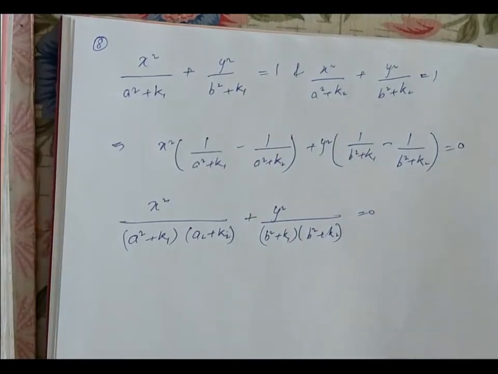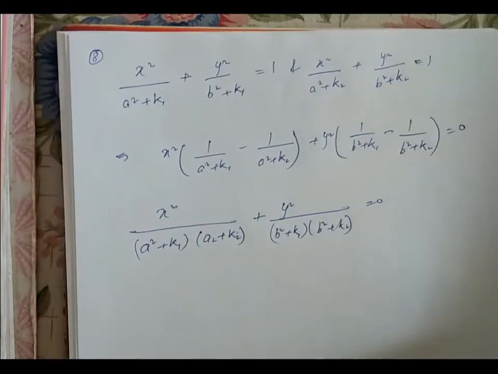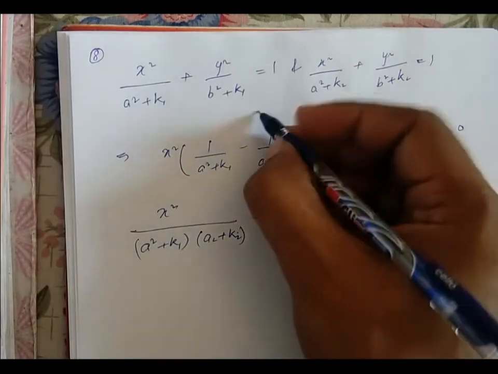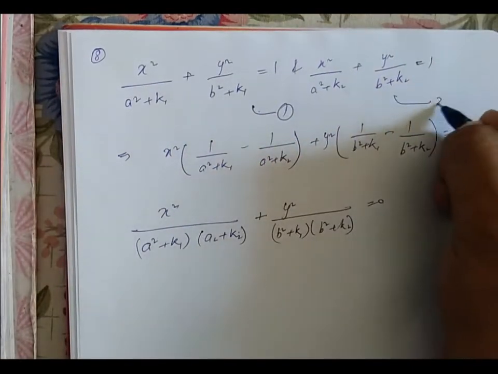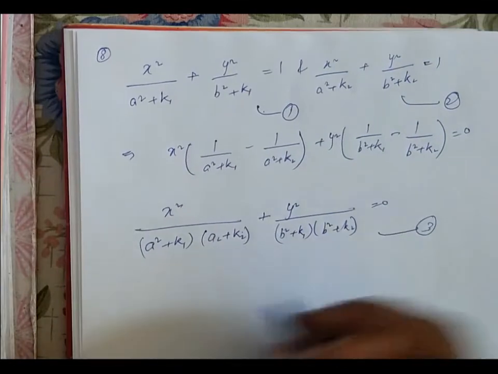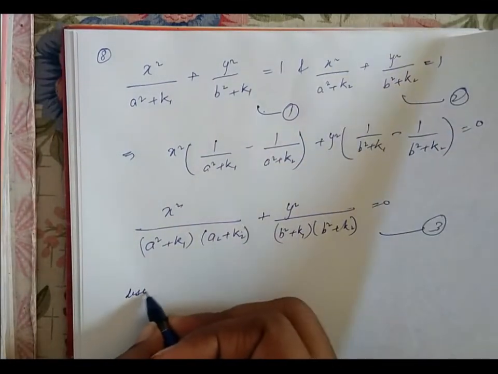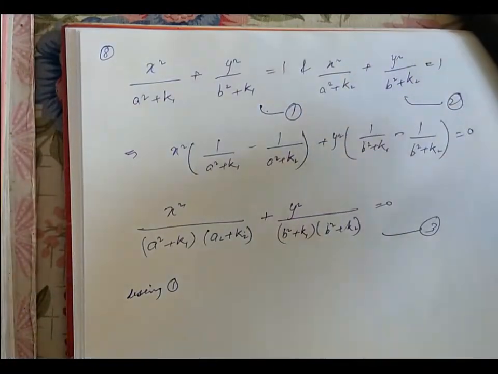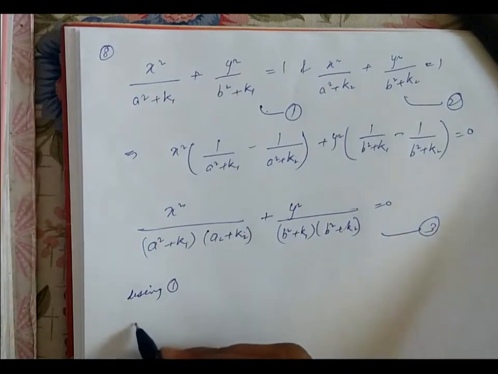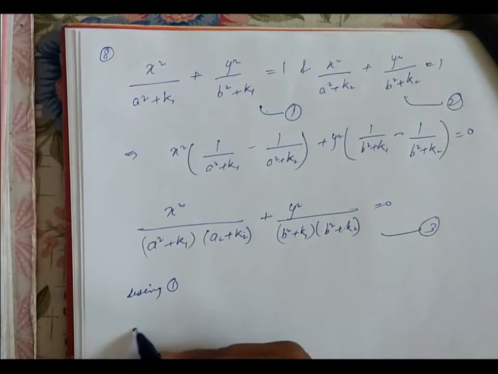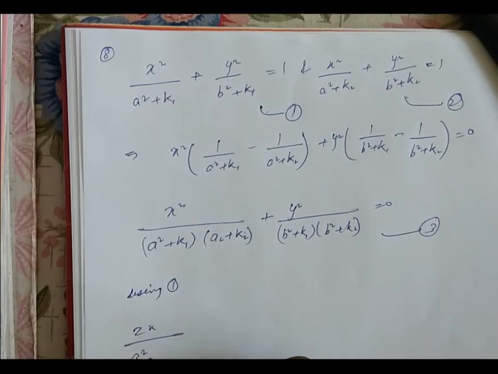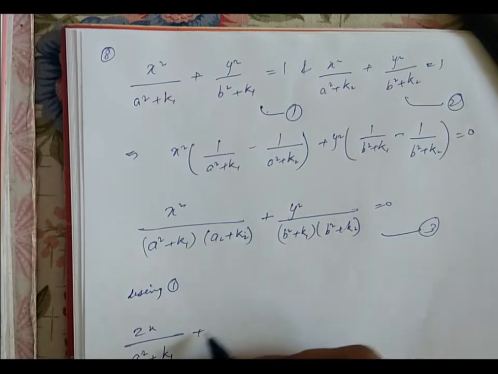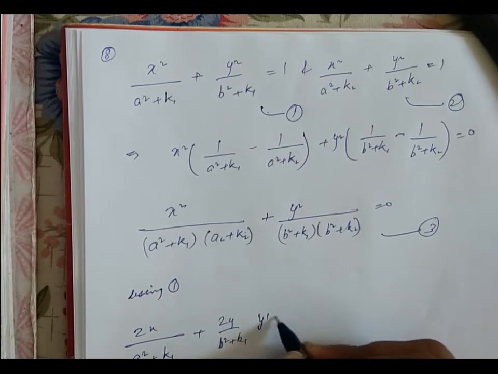okay. Now what we need to do is find y dash. So let this be 1, this be 2, and this equation be 3. So using 1, let's calculate y dash first. So 2x upon a square plus k1 plus 2y upon b square plus k1 y dash is equal to 0.